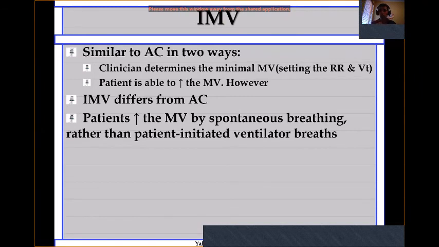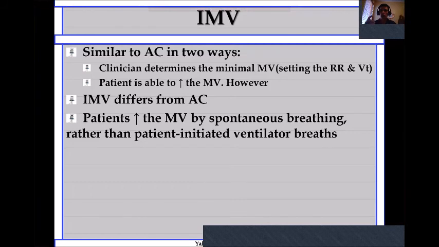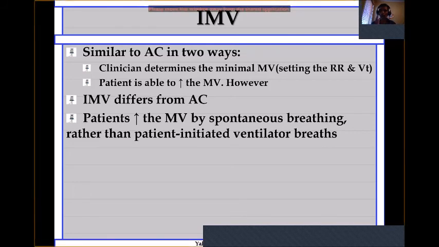If you put S with it, the machine will synchronize the mandatory with the spontaneous. They don't conflict each other. While in IMV, they conflict. And therefore, when you start IMV, you need to make sure that the patient is not breathing. So if you paralyze the patient and you give IMV, you are exactly giving CMV.